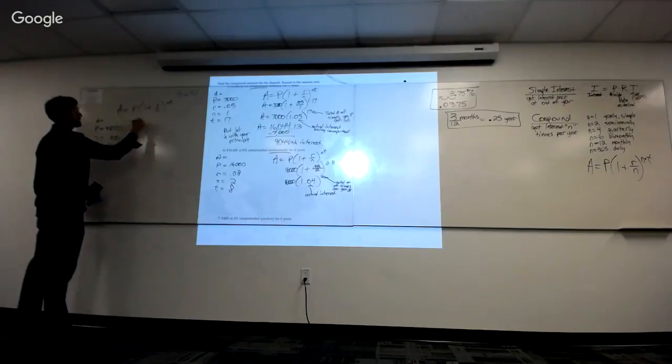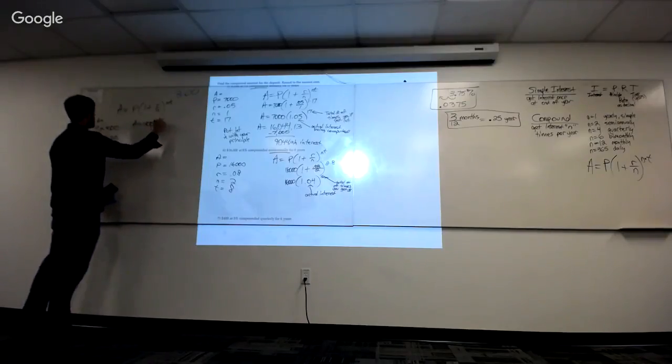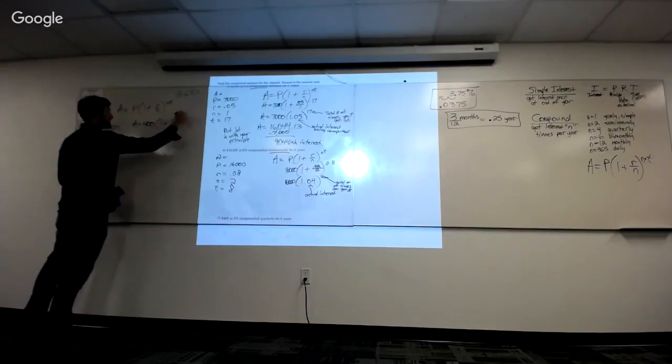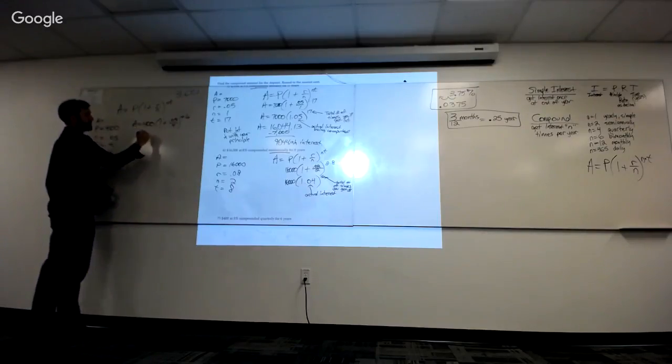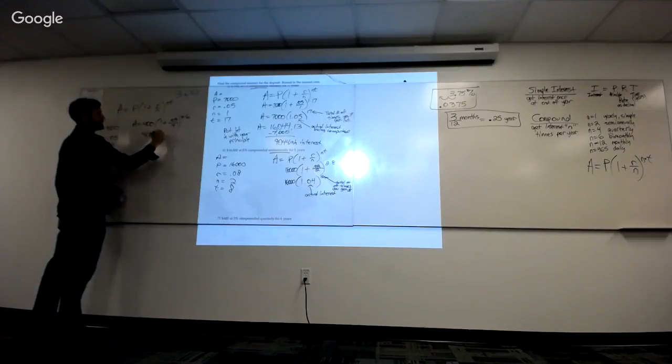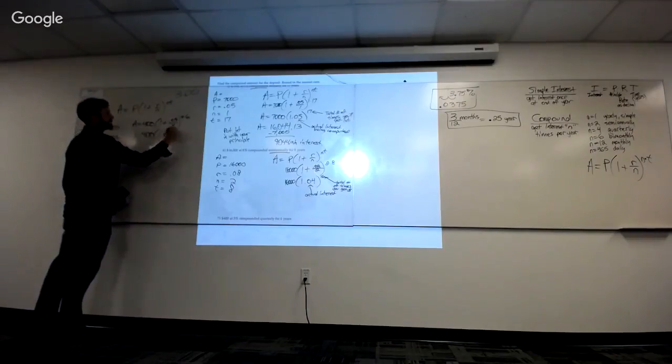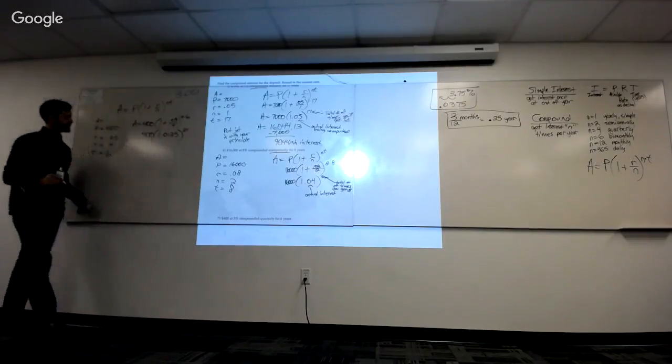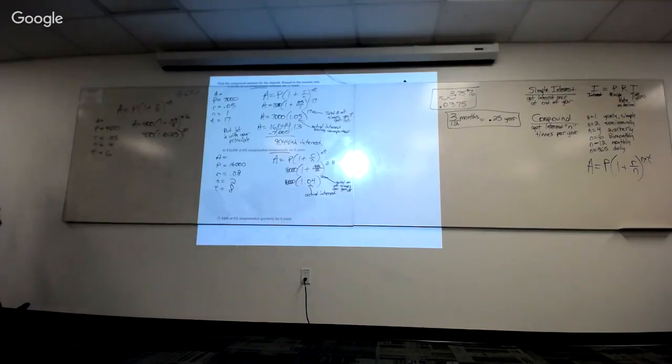So A equals 400, 1 plus the interest rate over the n, all to the nt. And so let's look at those numbers. That's really 1.0125 to the 24. So now what does that mean?